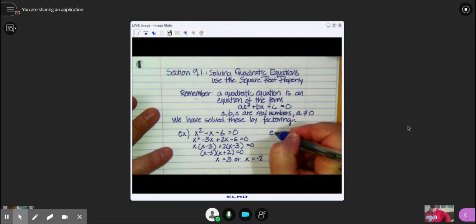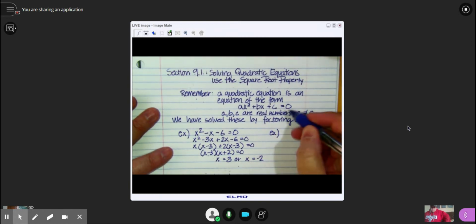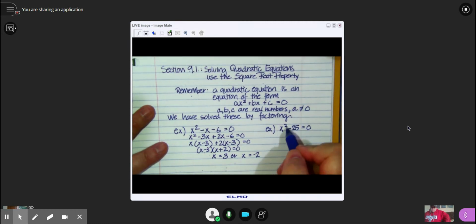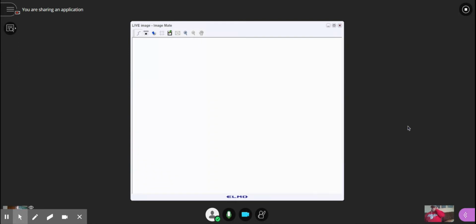We've also done it when we've had the difference of squares. If we've had something like maybe an x squared minus 25 is equal to 0, we've got a perfect square here and a perfect square here. And we've said, okay, this could be an x minus 5 and an x plus 5.